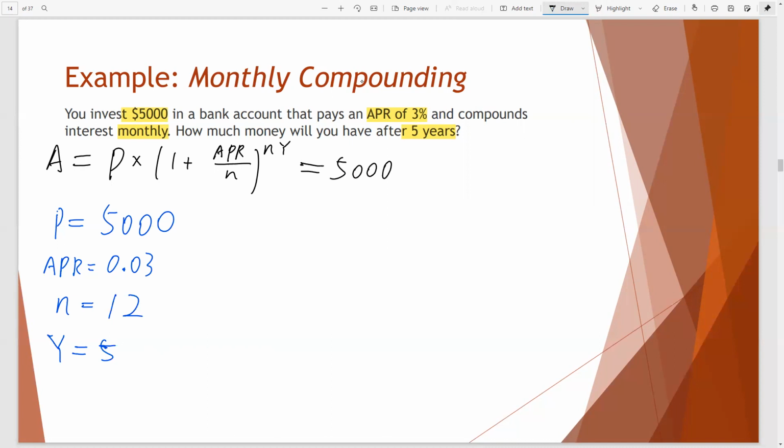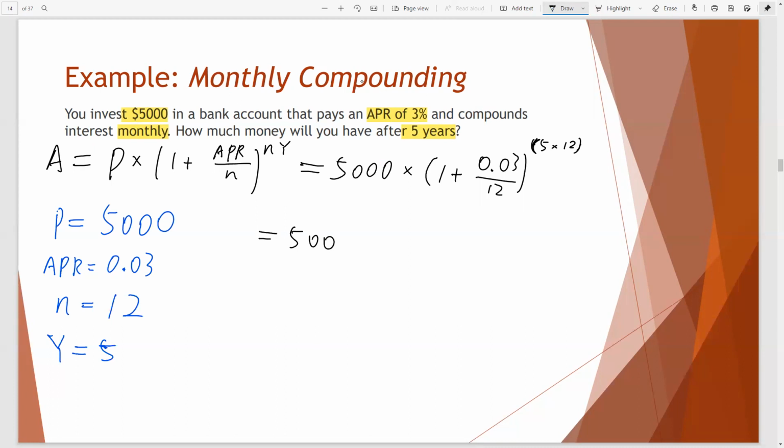Let's see if we have any benefit or any deduction when we compound more than once a year. APR 0.03 divided by 12, raised to the power of 5 times 12. You could put a little parenthesis to show that multiplication.